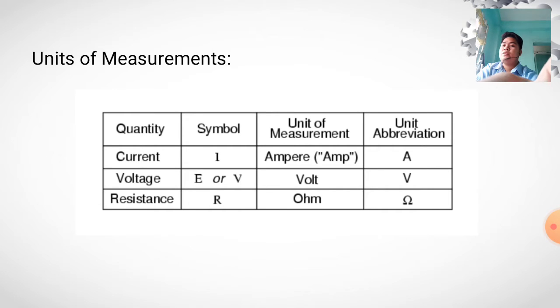The unit of measure for current is amps, or capital A, for voltage, volts, or capital V, and for resistance, ohm, or omega.